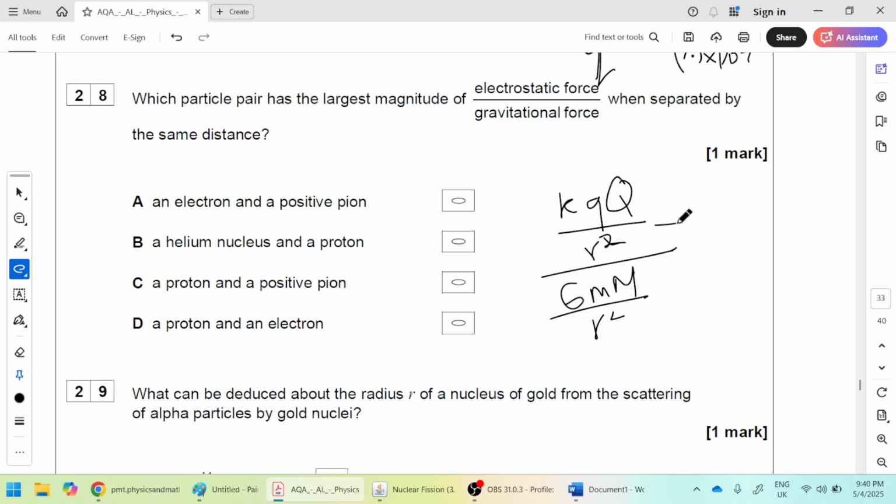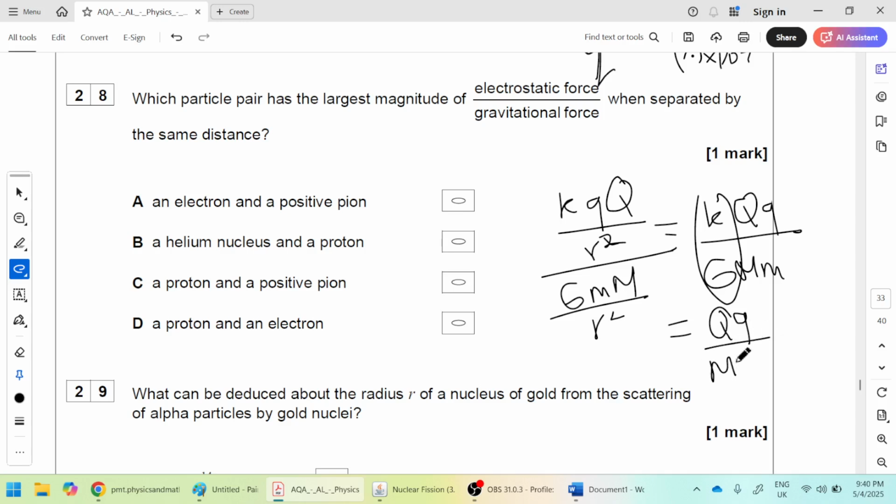So essentially kQQ divided by GMM. These are constants, it doesn't matter. So essentially we are looking at the product of Q over the product of M. That is the essential ratio because everything else cancels out.